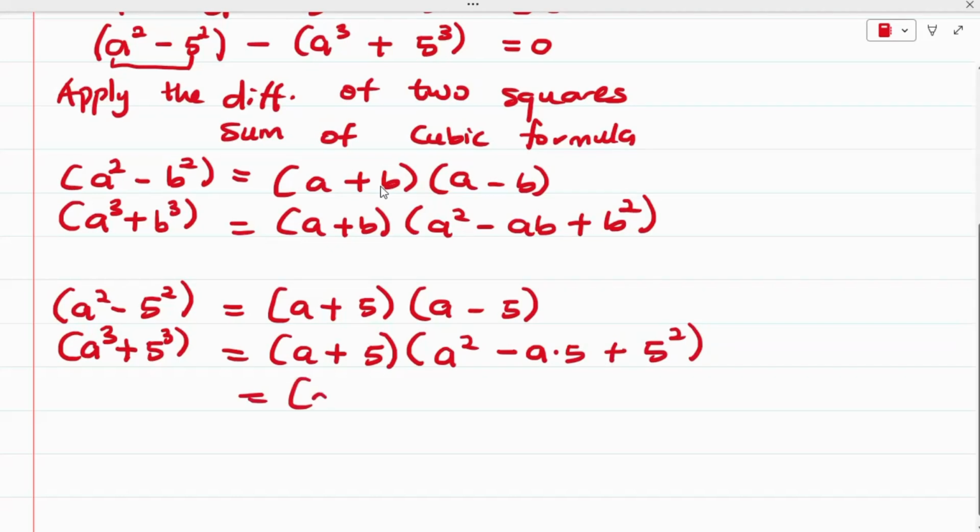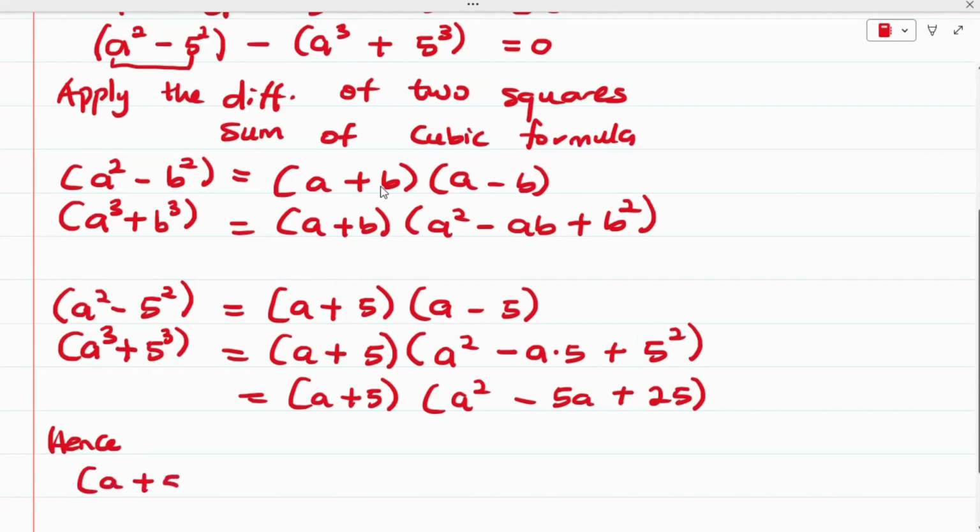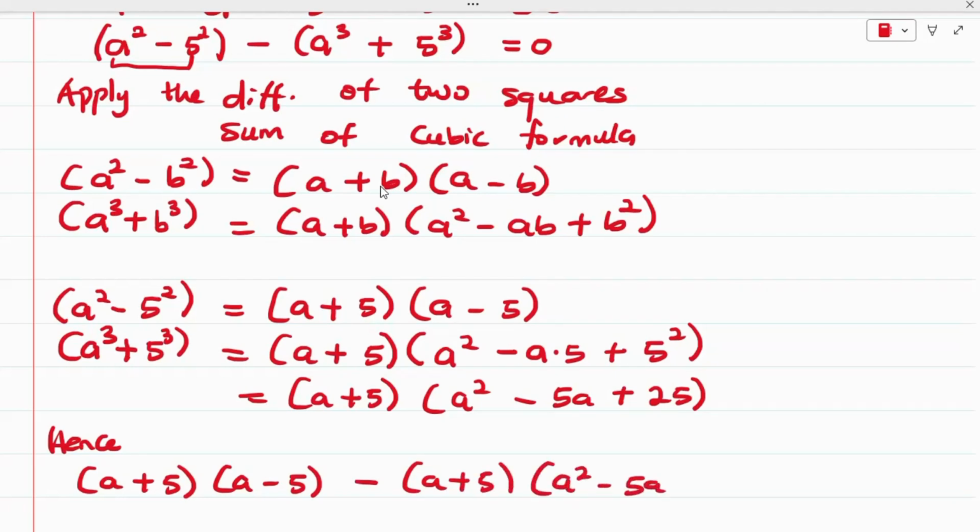This is equal to a plus 5 multiply a square minus 5a plus 5 square, it is 25. Okay, so hence the equation becomes a plus 5 multiply a minus 5, minus a plus 5 multiply a square minus 5a plus 25, and this is equal to 0.